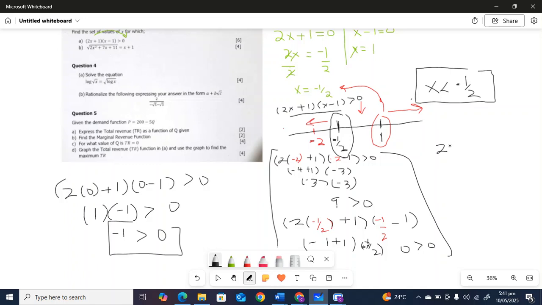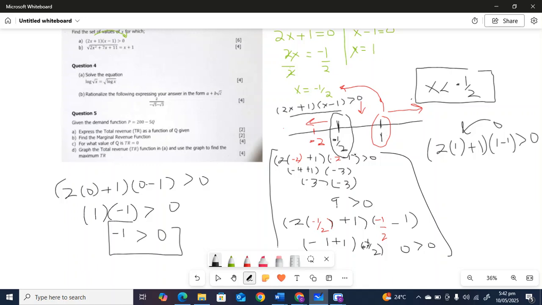So 2, where there's 1, x substituted with a 1, 2x plus 1, 1 minus 1. So 1 minus 1, that is 0. So whatever value we get here, when we multiply it by 0, 0 is not greater than 0, basically. So 1 is not going to be included in this range because it's not holding the inequality true.